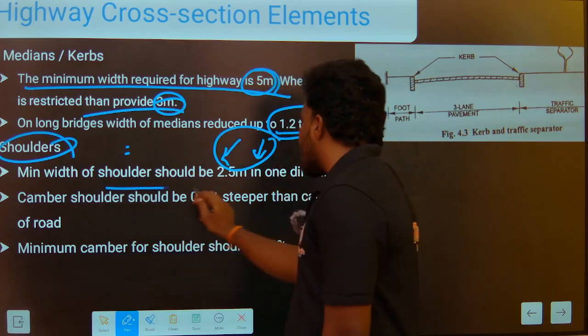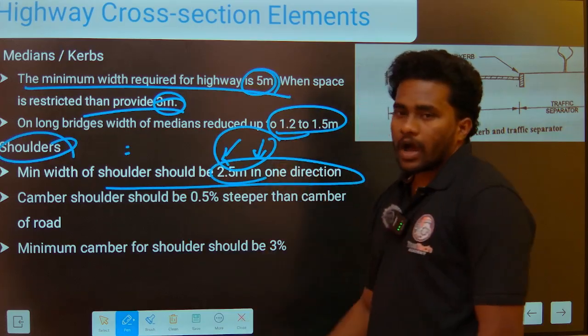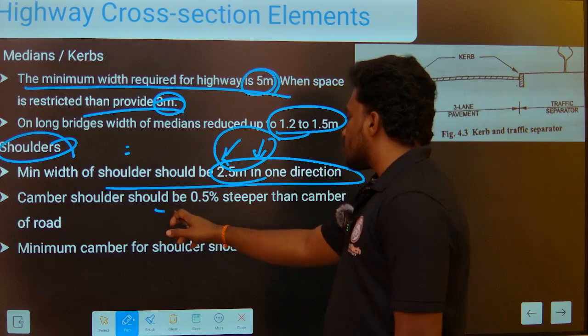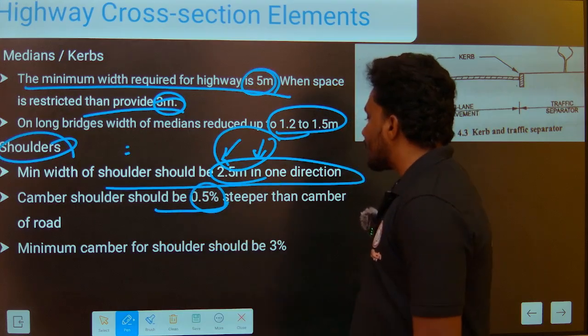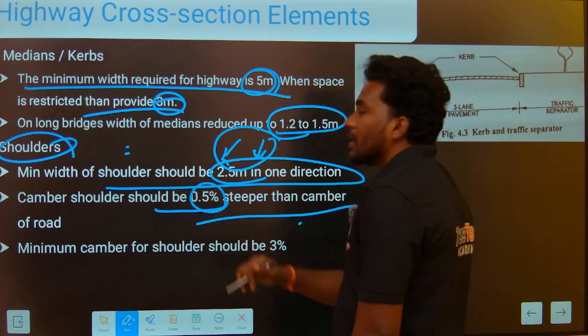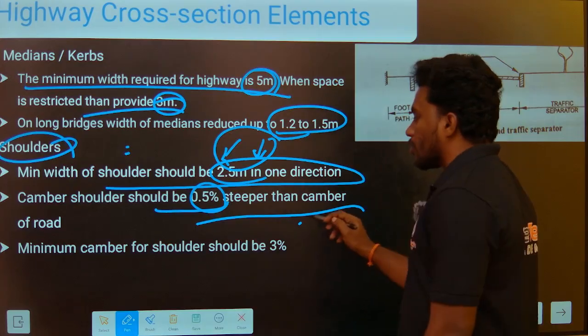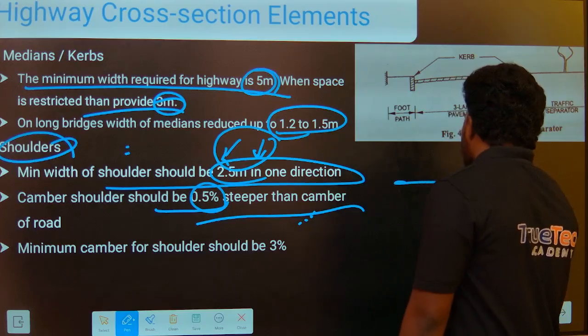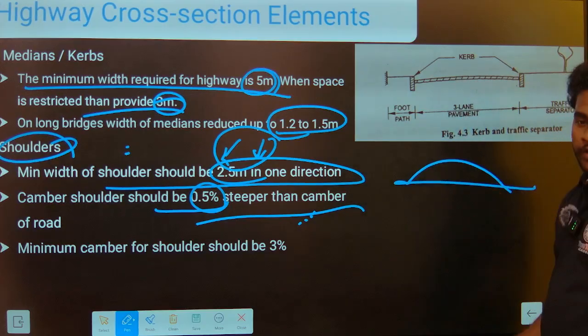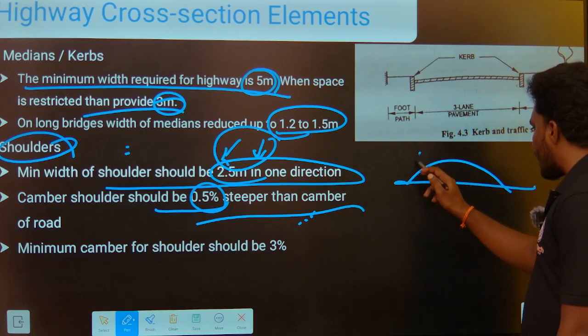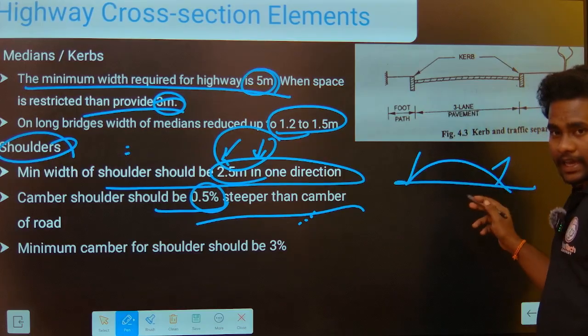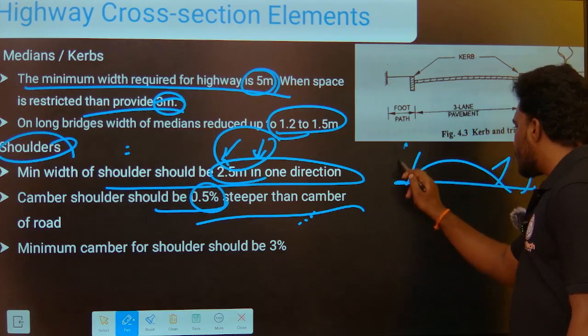Now the minimum width of the shoulder should be 2.5 meters in one direction, and the camber should be 0.5% steeper than the camber of the road. This is a most important point, because for example, this is the camber, this is the carriageway width, and along the carriageway width some shoulder is there.